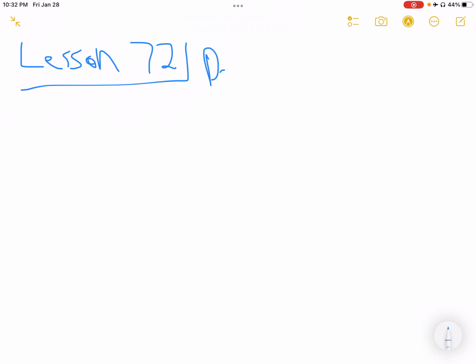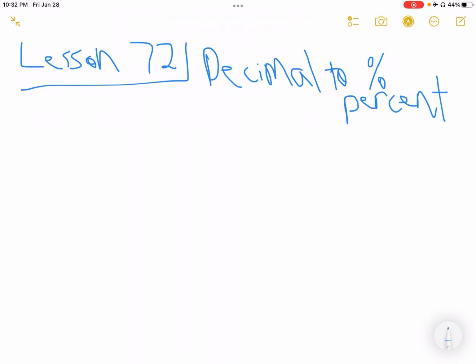So we're changing decimals to percent. Okay, so I might use this symbol here, but if I was going to write it out in normal words, I'd say percent like this.